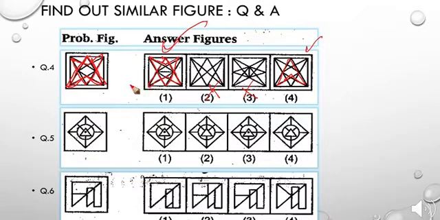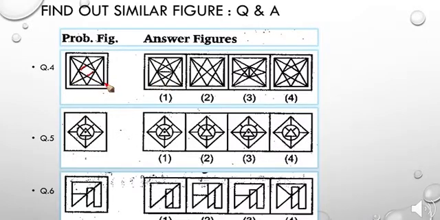Okay, let's make more observations here. We find that inside the problem figure, in the X center, there is a space which is vacant. There's no line, there's a space. A diamond shape is there in the center, and inside of it there's no line or design.